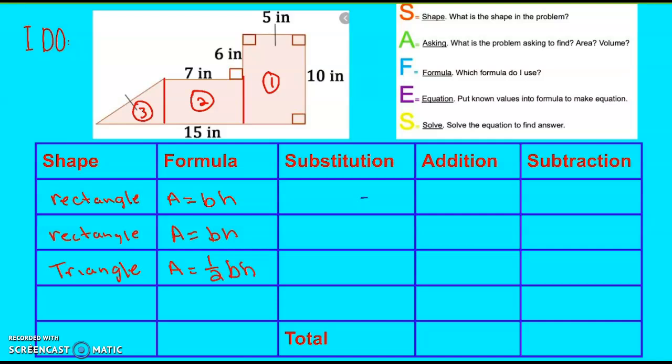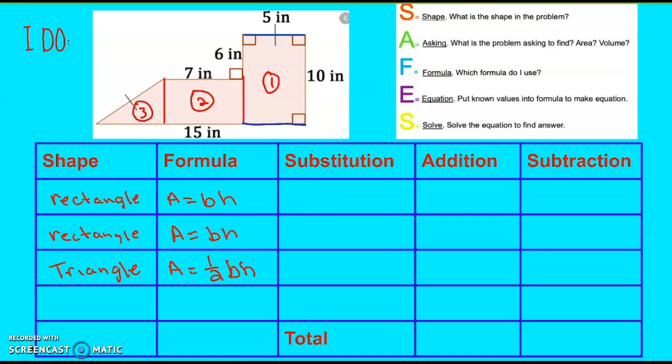Now I'm going to do the substitution. Okay. Well, let's see. First one, I know that my base, let me switch colors, is from this point to that point, and that distance is the same as the distance up here. So I'm going to put in 5 for my base. Now let me erase that. It looked like a 6, so let me change the colors.